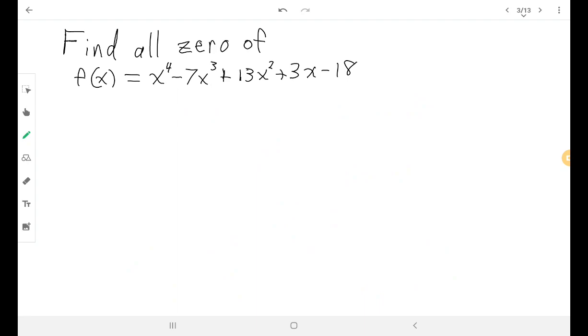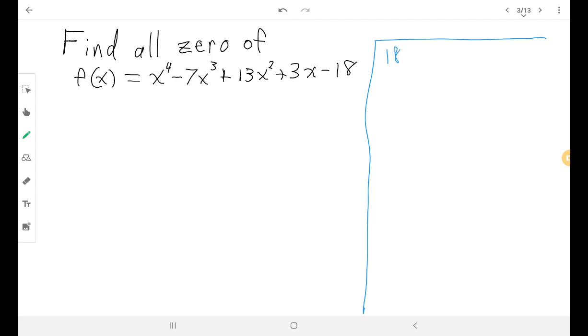So let's talk about how to find all the zeros of some sort of big polynomial. All right, and so I want to find all the zeros of this polynomial. So I'm going to have to do a few things. I've got to do a little bit of side work here. I'm going to get all the possible roots by using what we learned last time with the rational root theorem, meaning I'm going to take all factors of 18 over all factors of 1 and do plus or minus with each one.